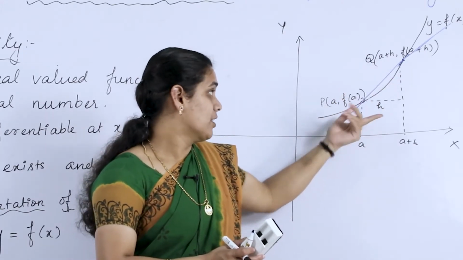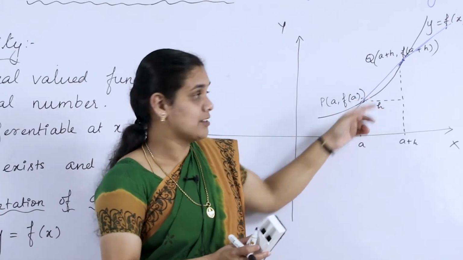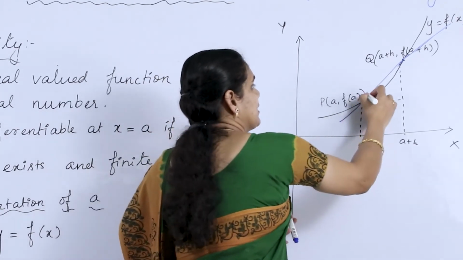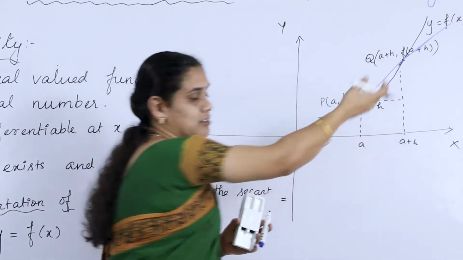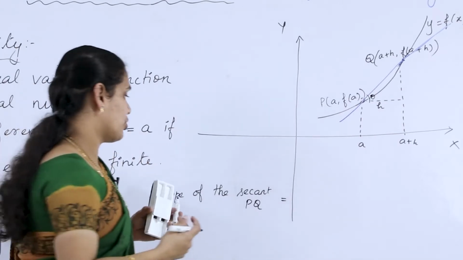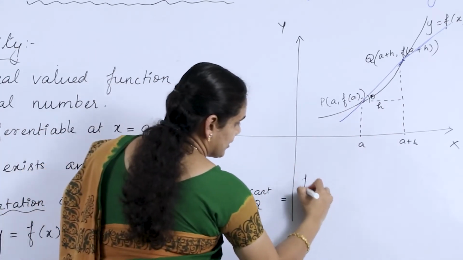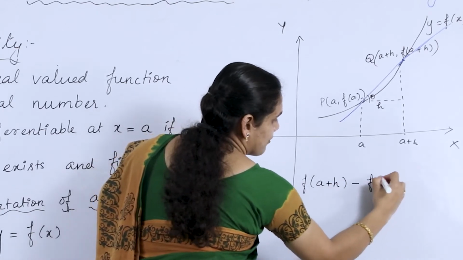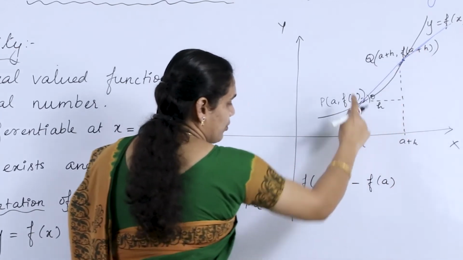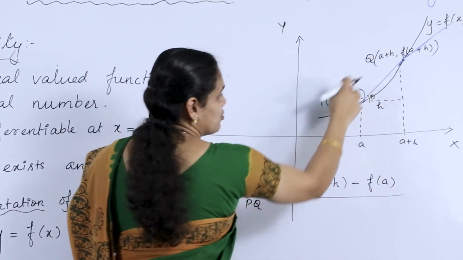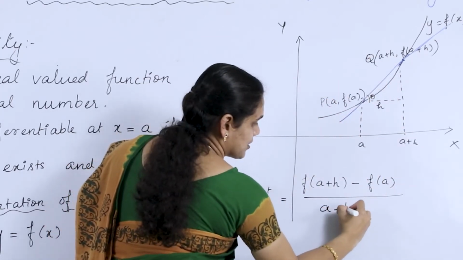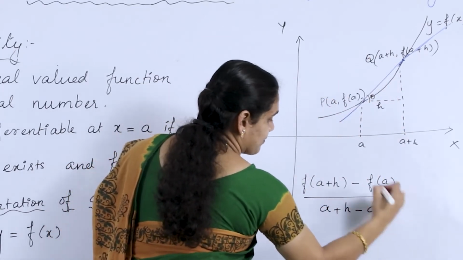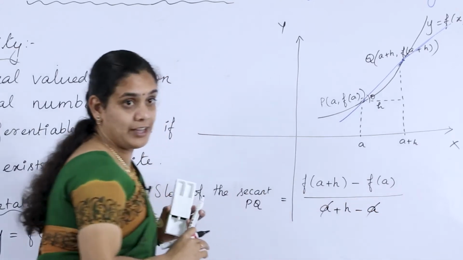Or if you want to use tan theta, that is if you take this one as theta, then perpendicular by base, that also you can use. Both will give you f(a plus h) minus f(a), that is y2 minus y1, divided by x2 minus x1, that is a plus h minus a. So a gets cancelled, you will get h again.